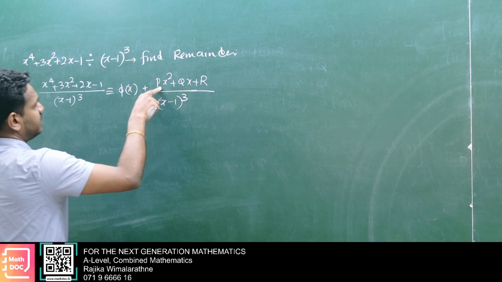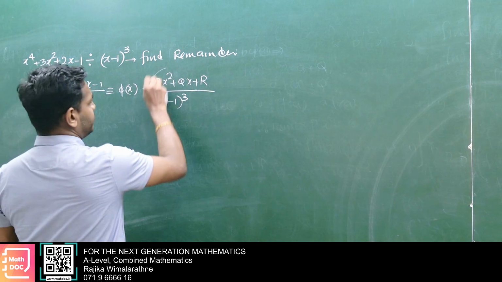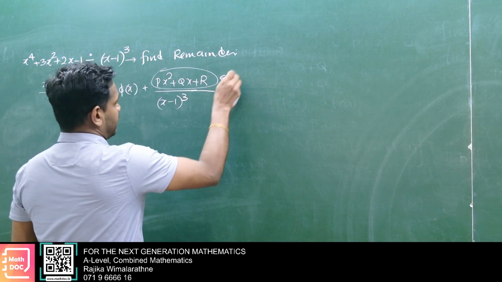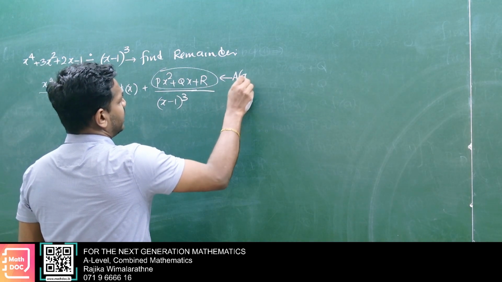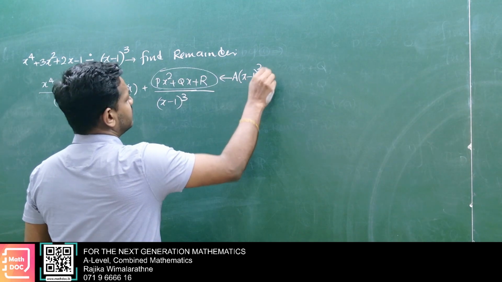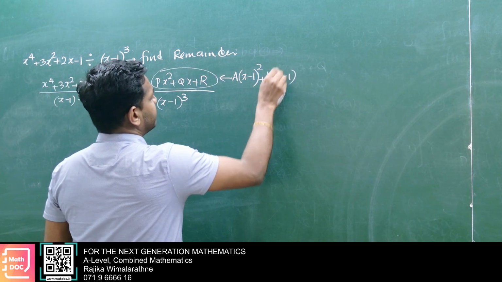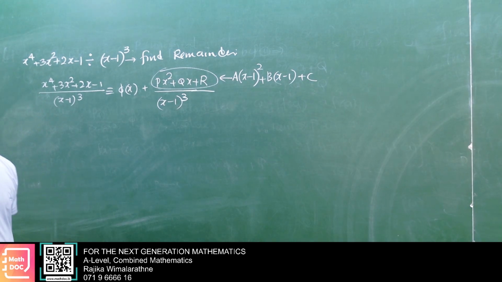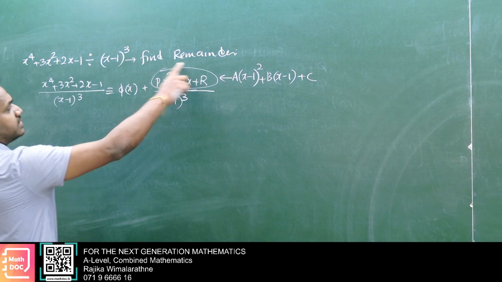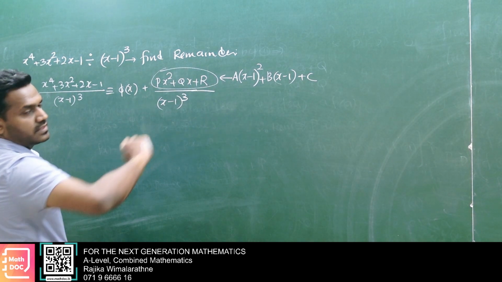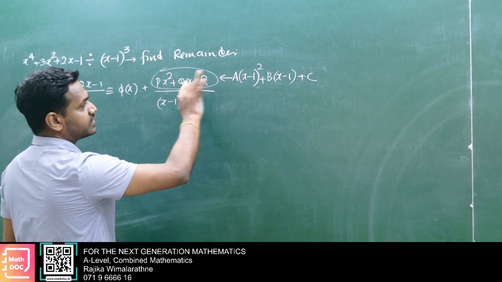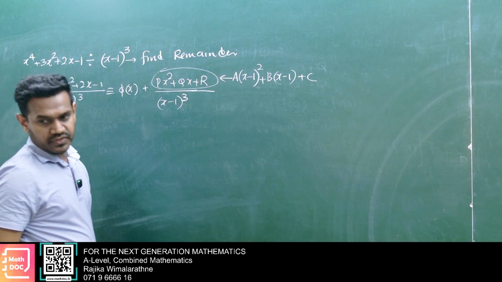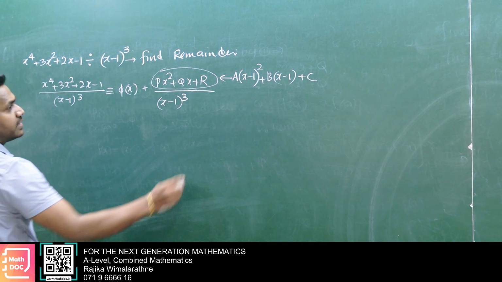Or otherwise you can write a times (x minus 1) squared plus b times (x minus 1) plus c. This is also possible. So here the basic one, here the customized one. Anyway, both are quadratic. Now I'll get this one, okay?